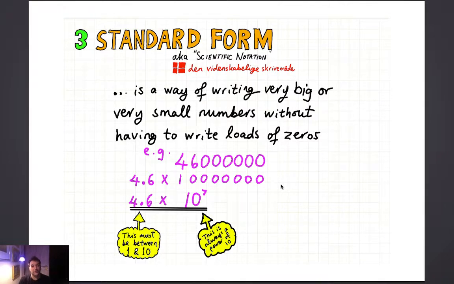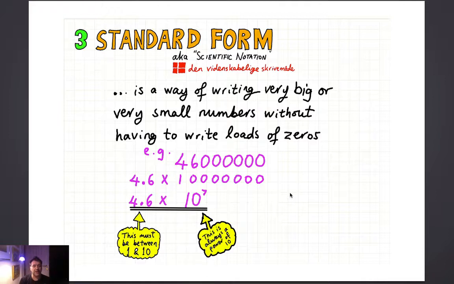And then 4.6 times 10 million is the same as 4.6 times 10 to the power of 7, because 10 million, as we saw in the previous chapter, is 10 to the power of 7 because it's got 7 zeros in it.